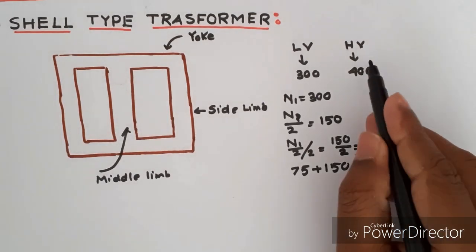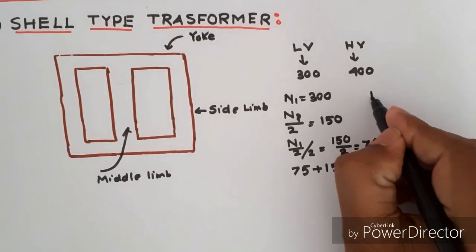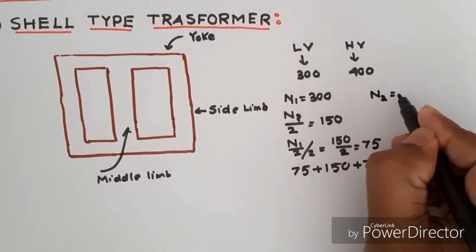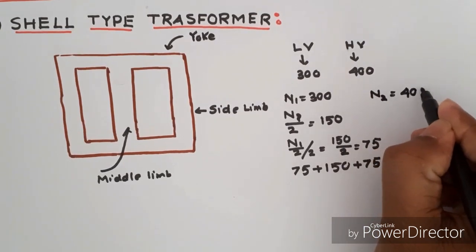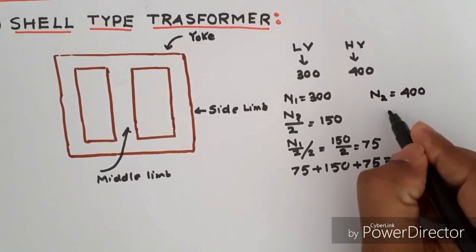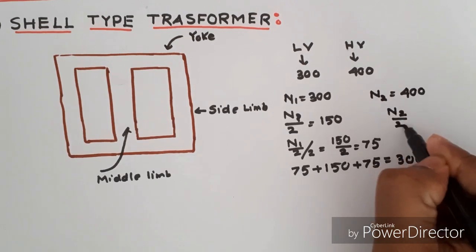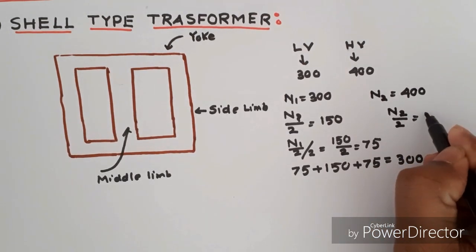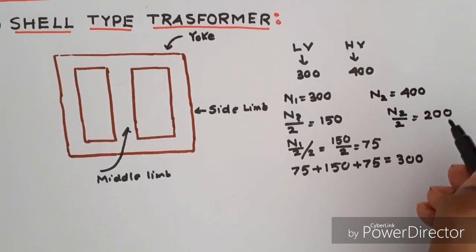Again, the high voltage winding N2 equals 400 number of turns. Then N2 by 2, that is 400 divided by 2, equals 200.